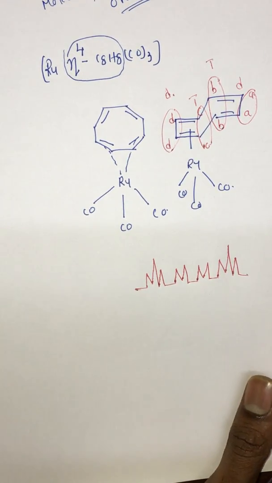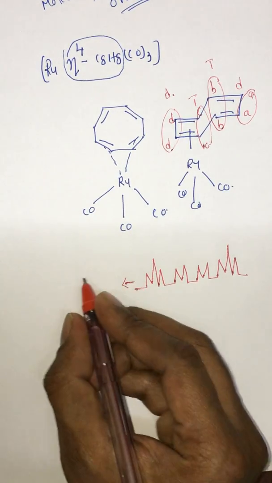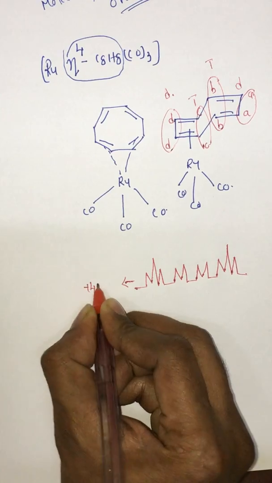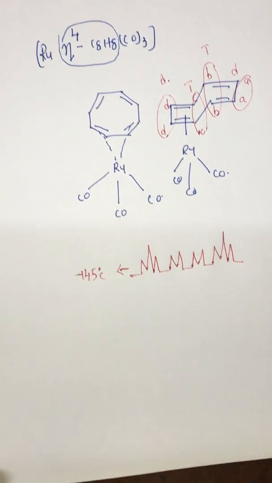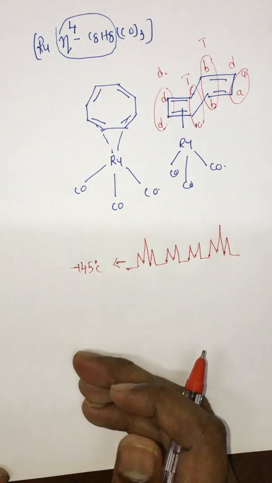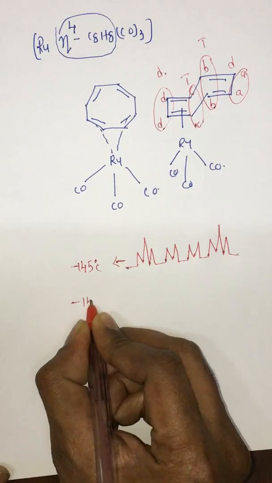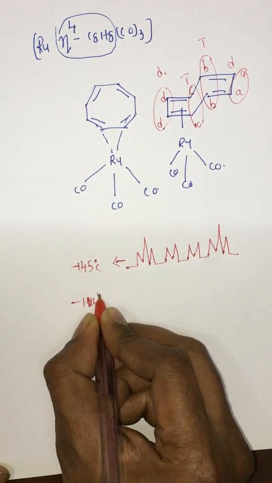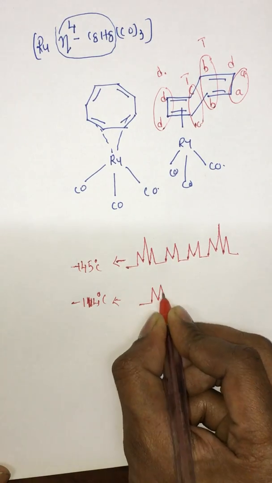Now, this NMR we get at minus 145 degrees centigrade. If we increase the temperature to minus 114 degrees centigrade, we will get a spectrum like this.